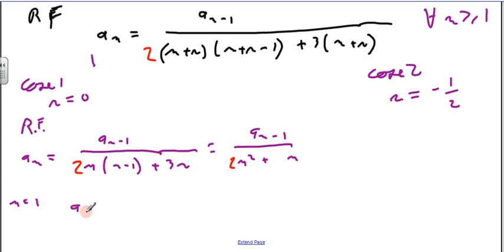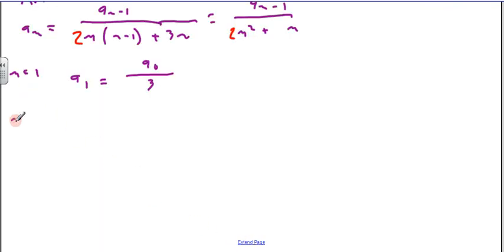I'm looking for a1. I end up with a0 divided by 3. I'm looking at n equal to 2, and I'm looking for a2, and I get a1 divided by 2 squared plus 2 times 2, which is 8. I get 10.